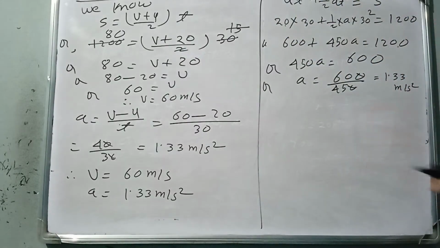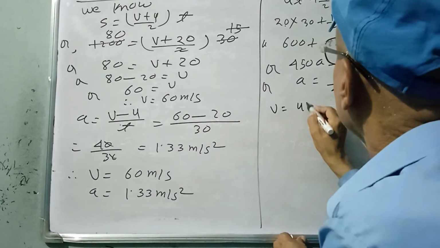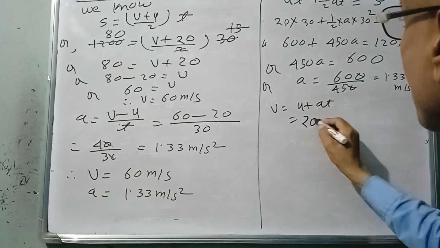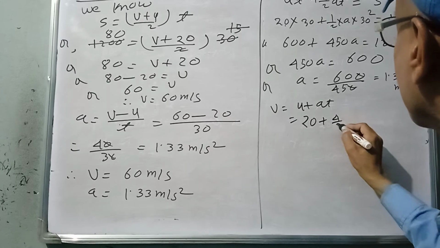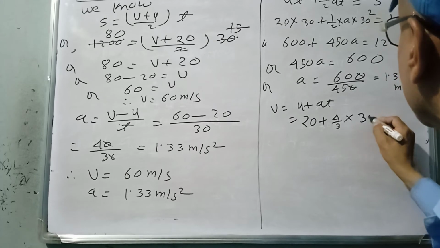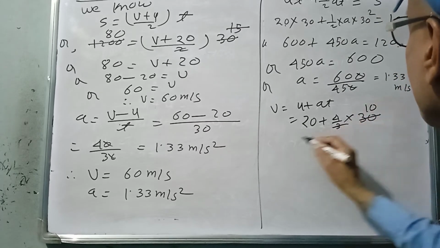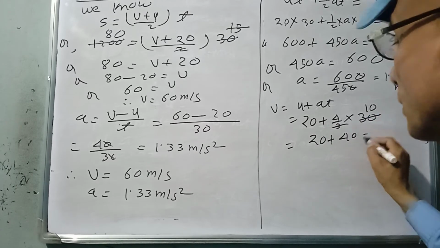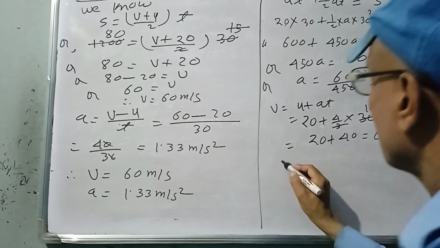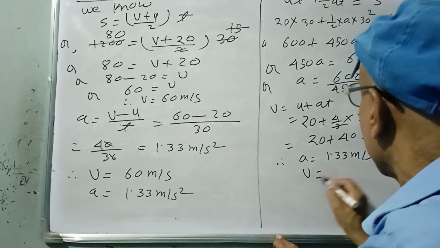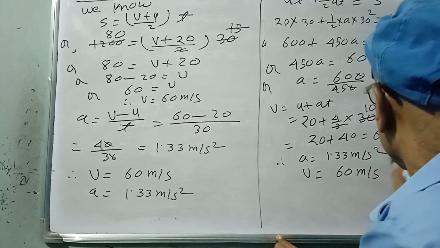By the second method, first of all find the value of a, acceleration. Now v equal u plus at, u, what is the value of u? U is 20, a is 4 by 3 or 1.3, time taken is 30, 20 plus 40, 60 meter per second. Therefore acceleration 1.33 meter per second square and final velocity v equal 60 meter per second.